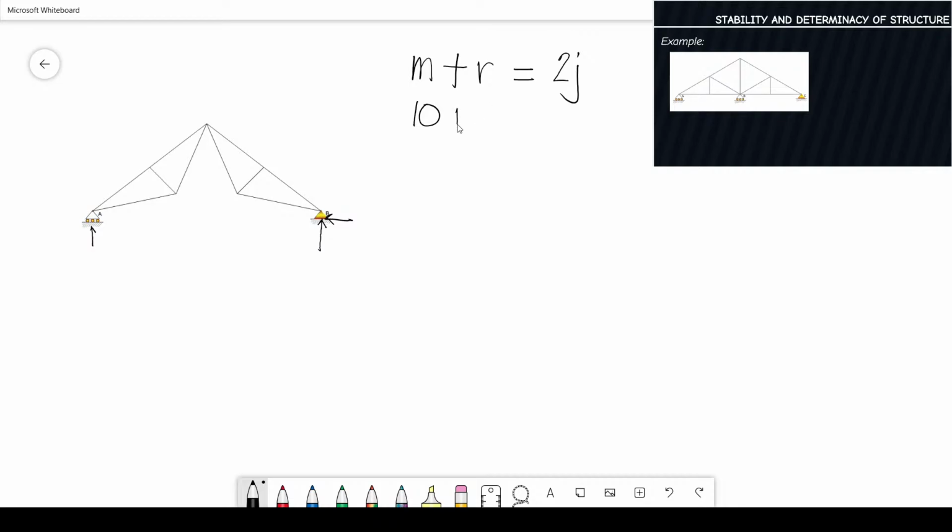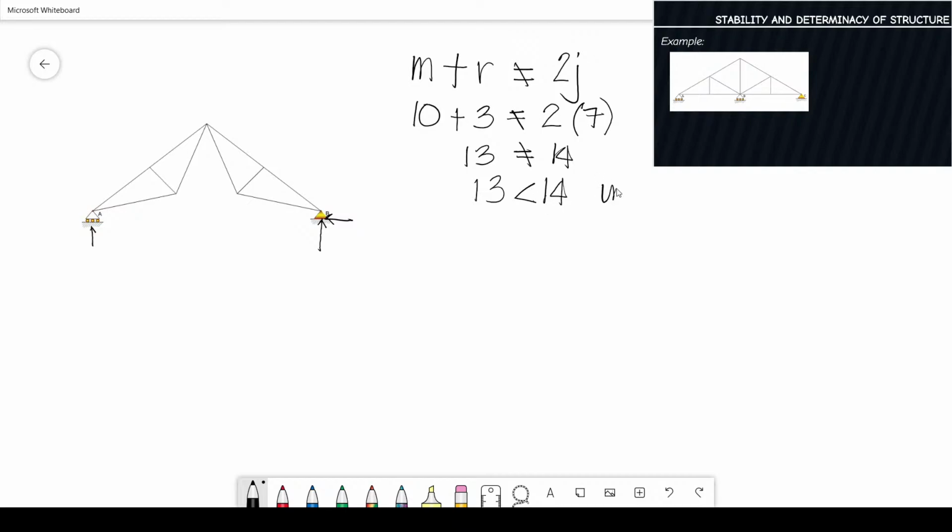So all in all, we have 3. Then how many number of joints? 1, 2, 3, 4, 5, 6, 7. That is 7. So this is 13, 14. So that is not equal, but 13 is less than 14.